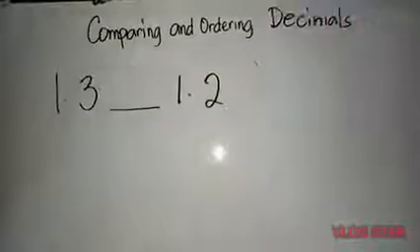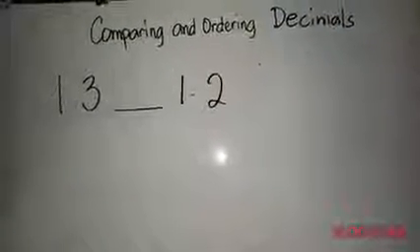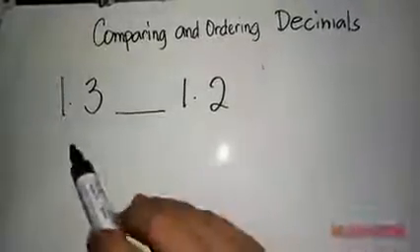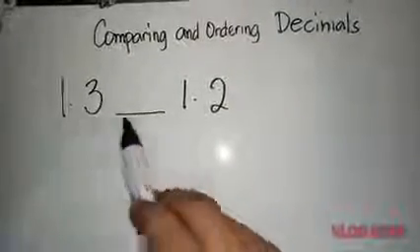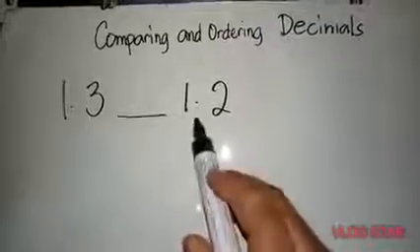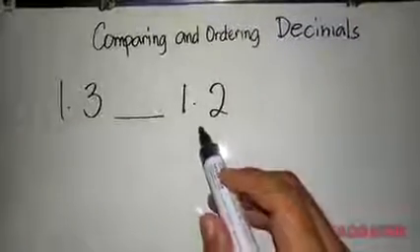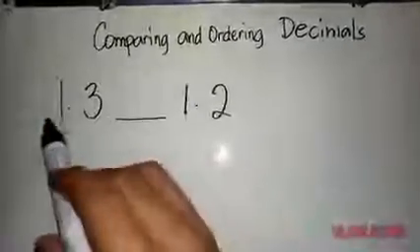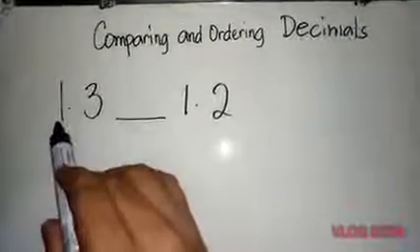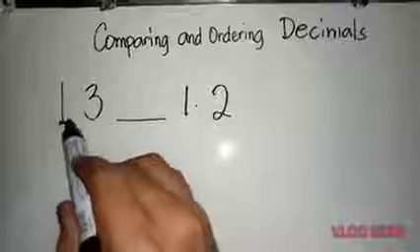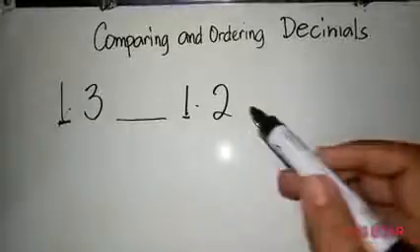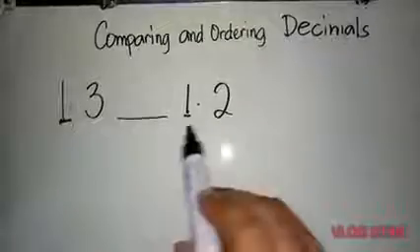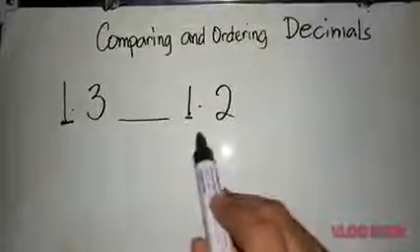So in comparing decimals, the first thing that we need to compare is the digit with the biggest or largest value. It's like here, 1.3 and 1.2. We need to compare first the ones digit, so 1 and 1, meaning they are equal in that place value.